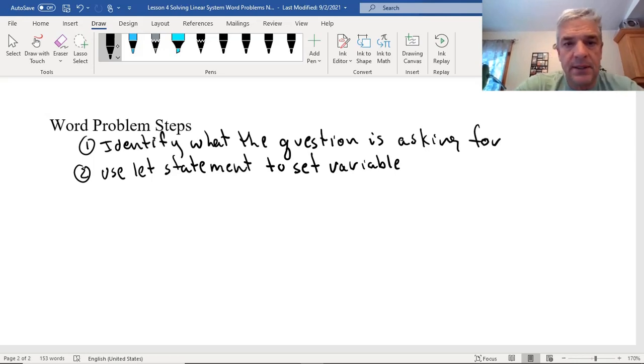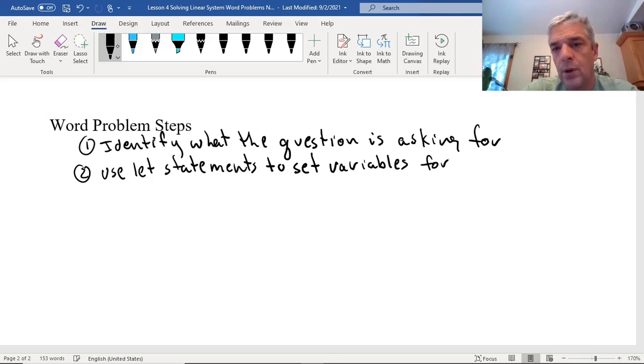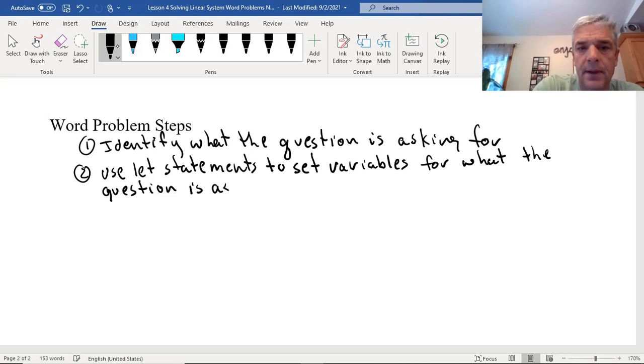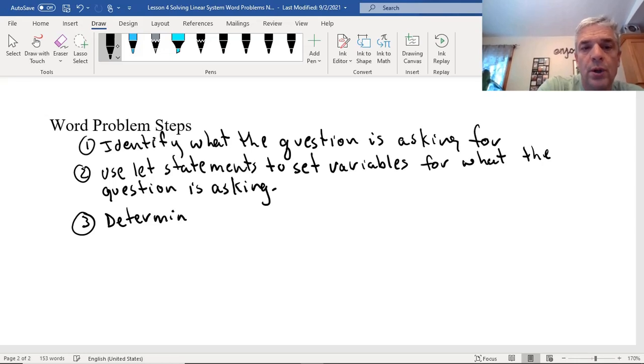Use let statements to set variables for what the question is asking for, okay? It's very important that you do that, okay? Then the real challenge is determine 2 equations.